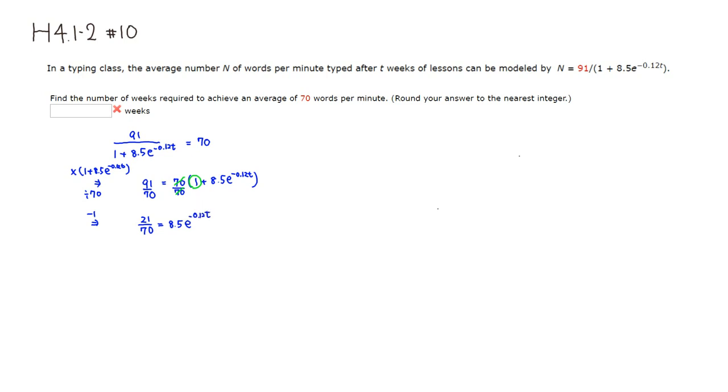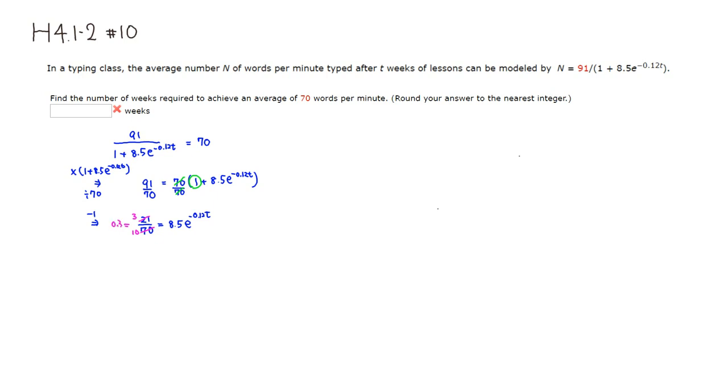Since 21 and 70 are multiples of 7, dividing by 7 we get 3 over 10, which we can also write as 0.3.